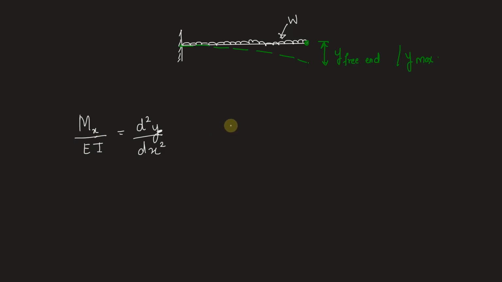So let's do it. Also, we know that Mx, moment at any section XX, let the section be this, capital XX at a distance x from the free end. At the free end x is 0, and this is x equal to L. So Mx will be equal to this much load, that is W, the UDL intensity, into the distance x gives us the total load, into x by 2 gives us the distance of CG of this load from the section.